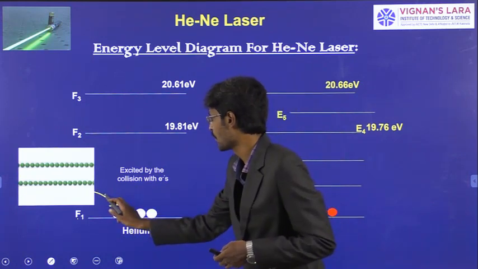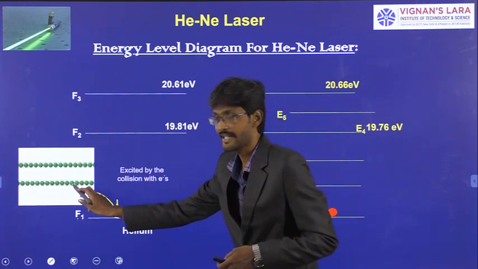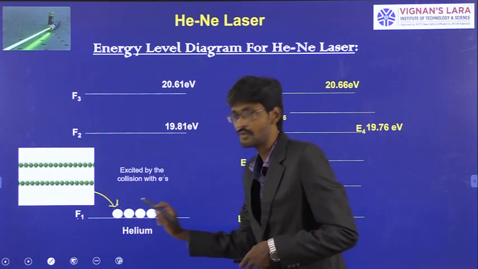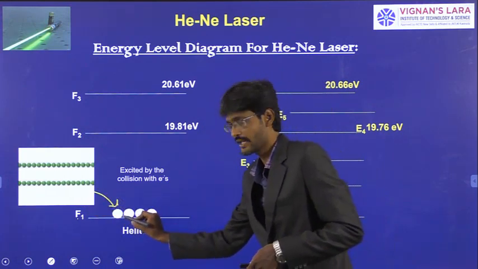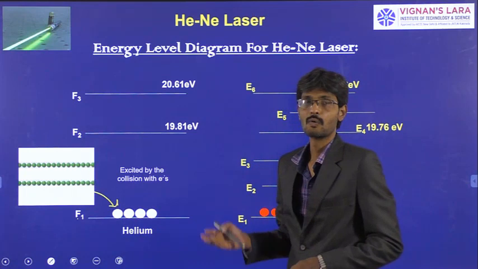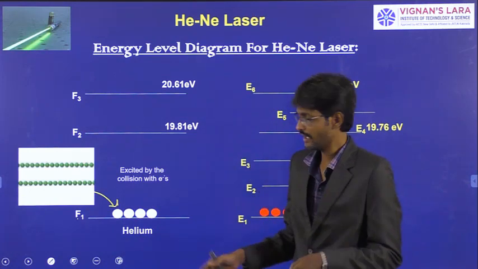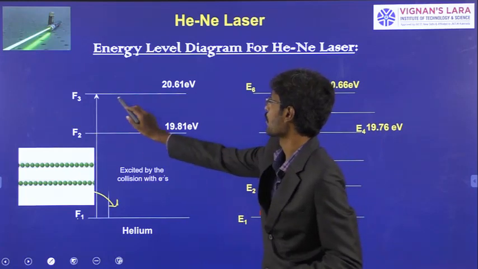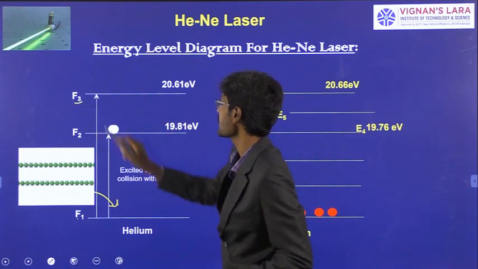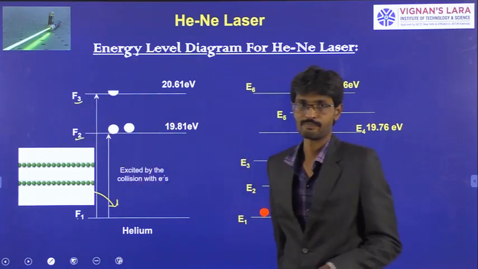As a result of the collision between these high energy electrons and ground state helium ions, the helium ions gain energy. Once they gain energy, what will the atoms do? They go to excited state. Here, these helium ions will go to energy state F3 and energy state F2.